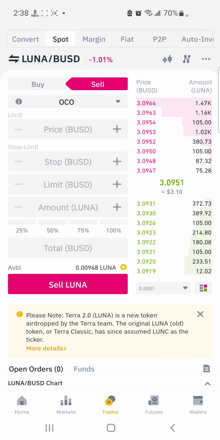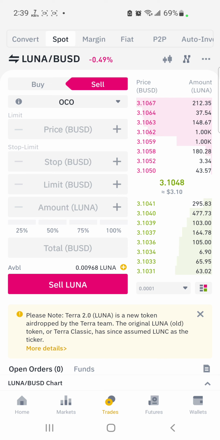So a stop limit order could work in the place of the OCO. However, there are more conditions that you can set on the OCO, right? So look at what's going to happen now.